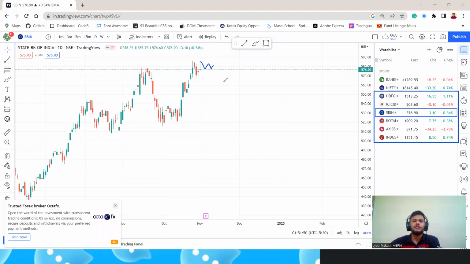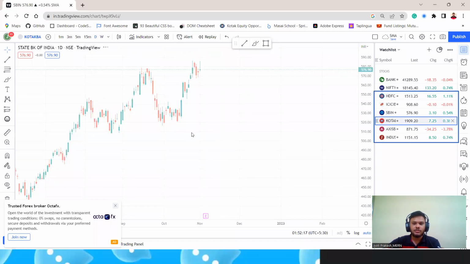If it opens flat, or if it closes below 575, then we're going to take it for selling, and we can set our first target to 570 and our second target will be 567. But if it opens gap up and closes above 580, then we're going to take it for buying, and we can set our target to that high level, which is 585, and if it closes above 585, we can set a target to 590.